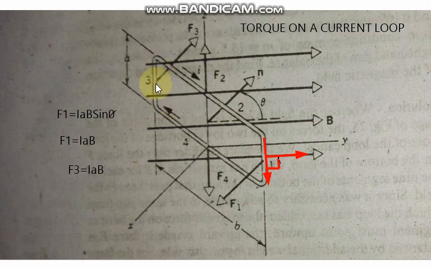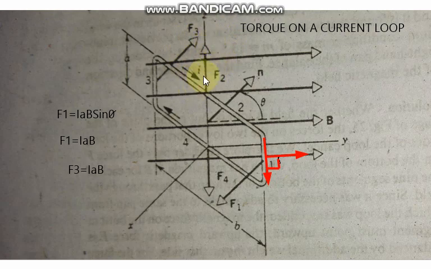So the thumb will be directed inwards or into the page, which indicates the force on this particular segment of the loop. So here the force is inwards, here the force is outwards. So this segment will be pushed forward, this will be pushed backward, and in this way there will be a clockwise turning effect produced in this loop.